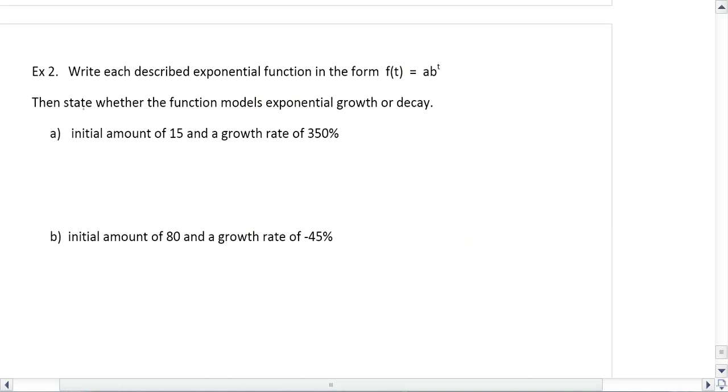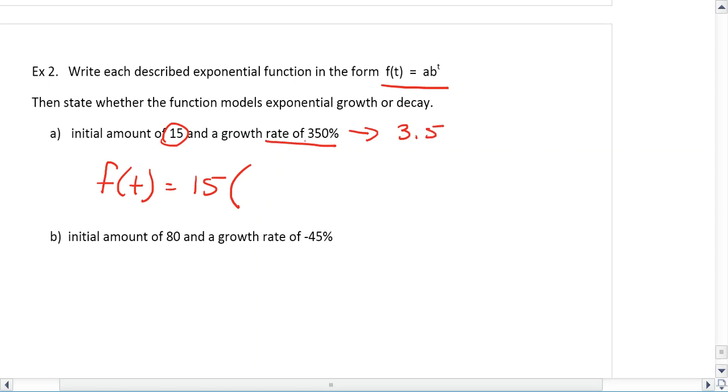Now let's practice writing these exponential functions in the form y equals a times b to the x, or in this case f of t equals a times b to the exponent of t. So in letter A here, the initial amount, the start, is 15. So I'm going to write f of t equals 15. And now we have to calculate the growth factor. Our growth rate is 350%, which we change to a decimal of 3.5.